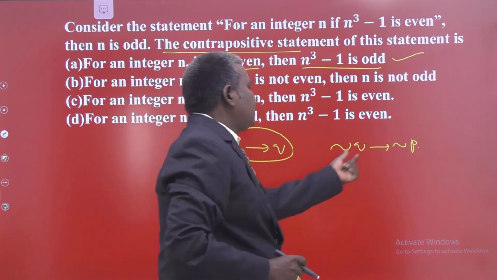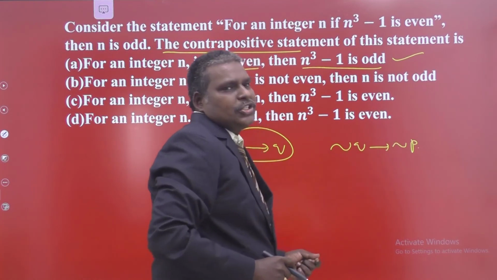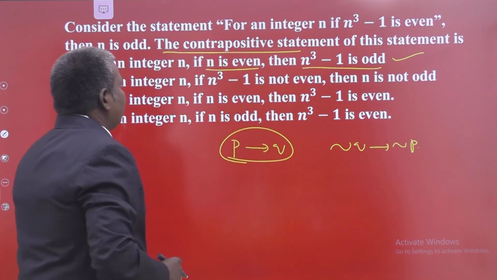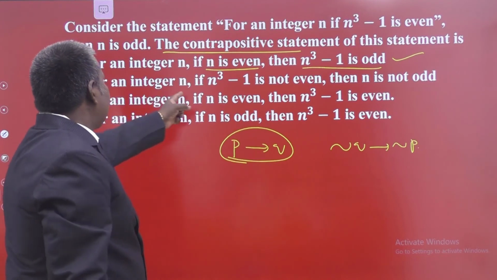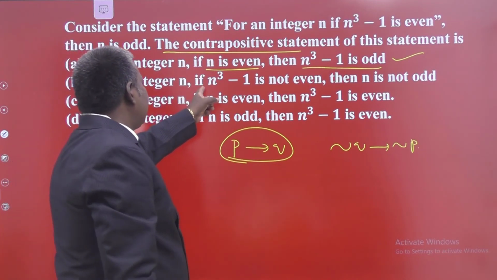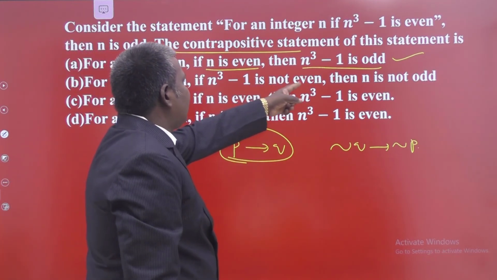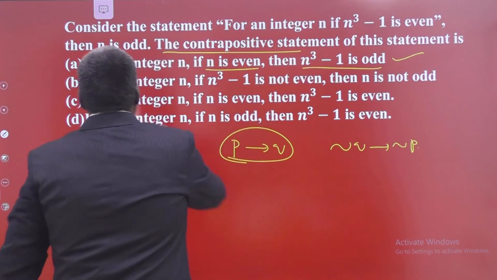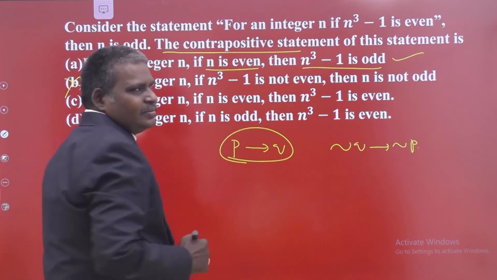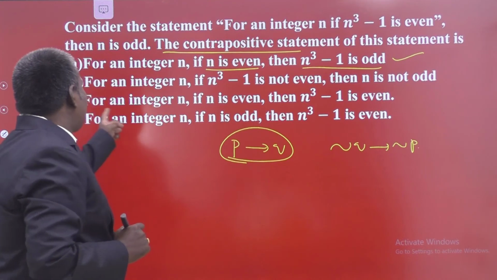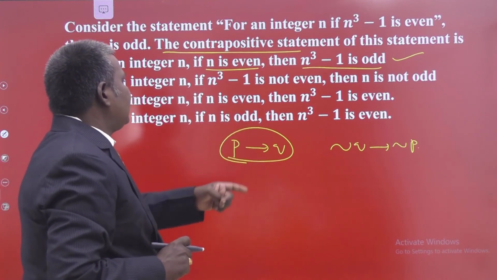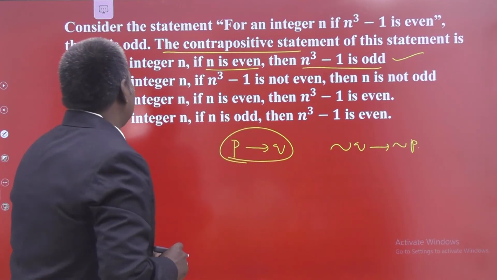If not Q, then not P is the contrapositive of the statement. So read the remaining also. For an integer n, if n cube minus 1 is not even, so that is not interchanged here. This is wrong. For an integer n, if n is even, then n cube minus 1 is even.